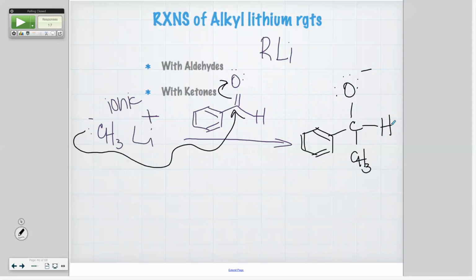Okay, what's the counter ion for the O negative? What do you think? Is it MgBr? No. What do you think it is? It's just the lithium. Be logical. Okay, then guess what we do? We have another step, and guess what we're going to add?